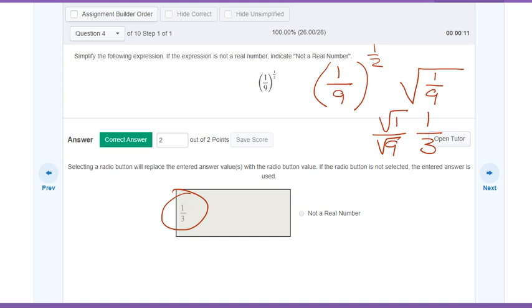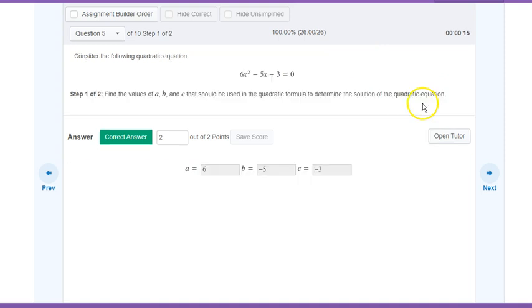So we're going to have some easy ones, I guess. So here we're asked to solve this using the quadratic formula, where we have to identify the A term, which is the 6, the B term, which is a negative 5, and the C term, which is a negative 3. And this was done correctly.